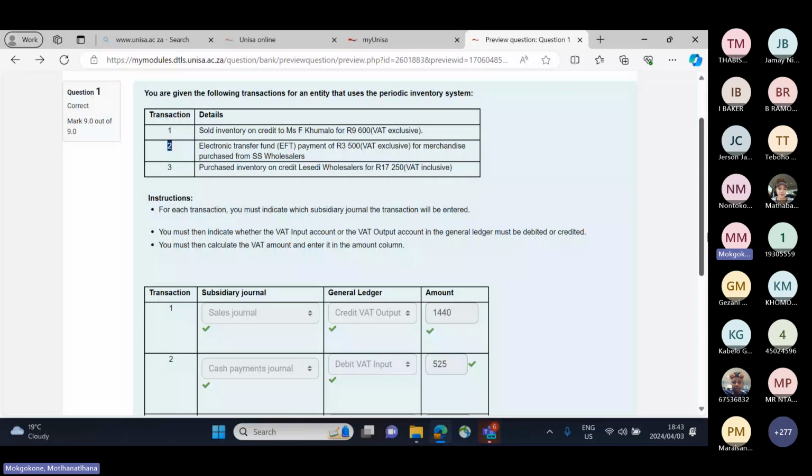Under cash receipts journals, we record cash received, and all cash paid out by the business, or money coming out of the business, is recorded under cash payments journals. Here the business is paying the creditor, which is SS wholesalers, via EFT. That means the business bank account decreases by 3,500. I'm not sure whether you are happy with the journal.